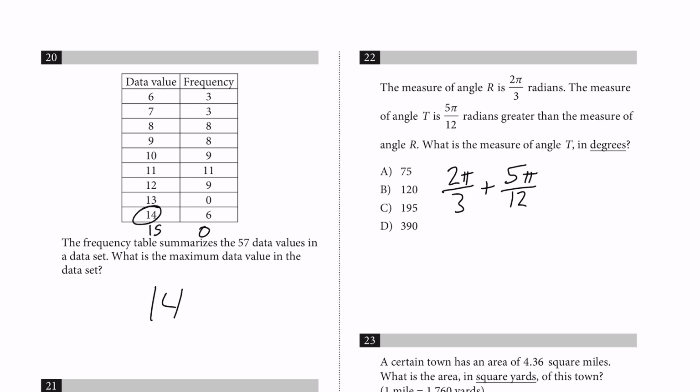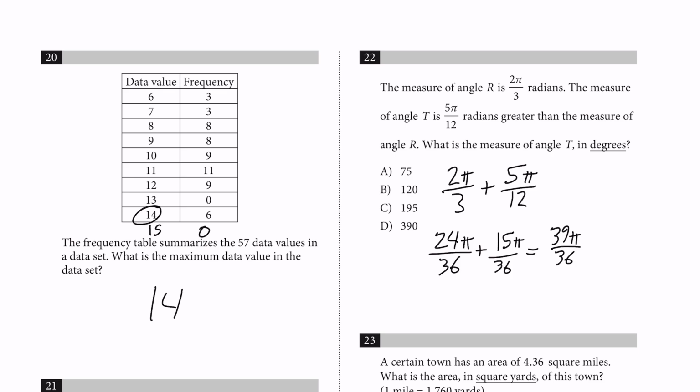So that's going to give us 24 pi over 36. And then we're going to do the same for the numerator and denominator of 5 pi over 12. So it's going to give us 15 pi over 36. Now we can just do the addition, and that's going to give us 39 pi over 36. That's going to be the measure of angle T in radians.